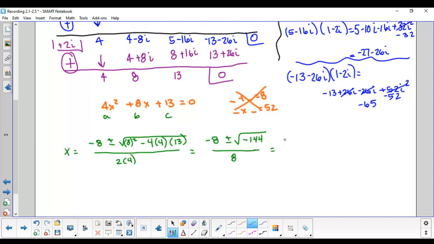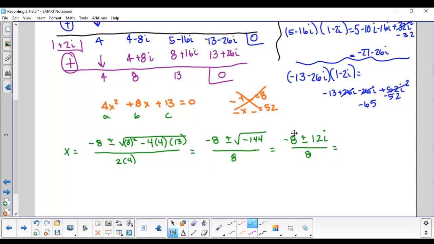Continuing with our simplifying, I have negative 8 plus or minus the square root of 144 is 12, and because it was negative, we have to attach an i to it. Divided by 8. Last but not least, we need to simplify this by dividing each term on top by what is on bottom.